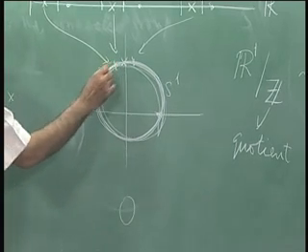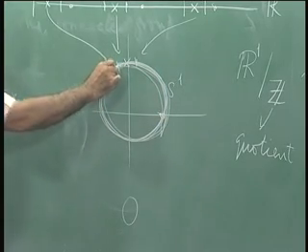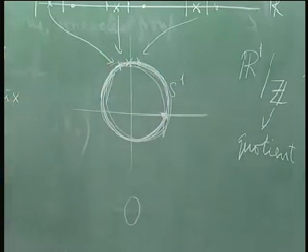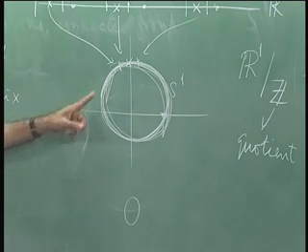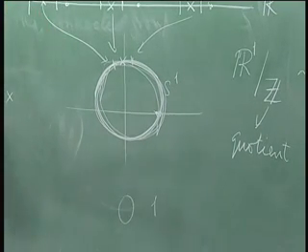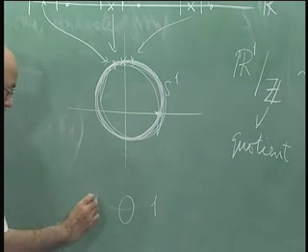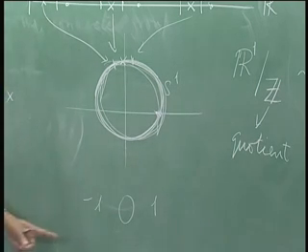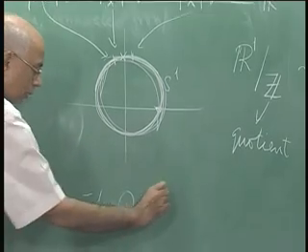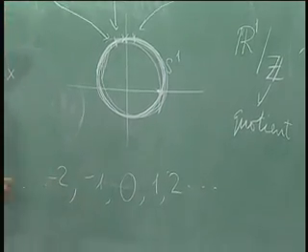Then the set of all paths which do this once, maybe it also does this a little bit, does not matter, that can be put into one-to-one correspondence with the number 1, because that is the winding number of this map. Similarly, there is a set of paths which can be put into correspondence with -1, winding number 2, and so on, and on this side -2, this side.